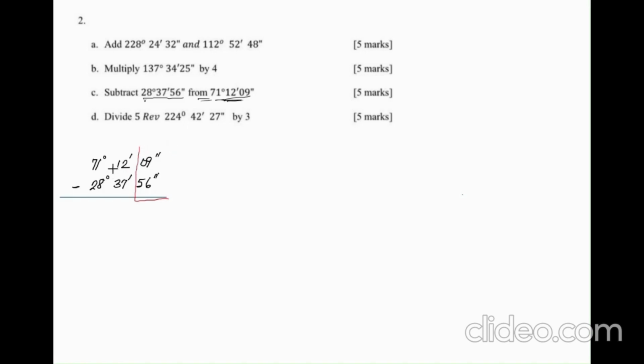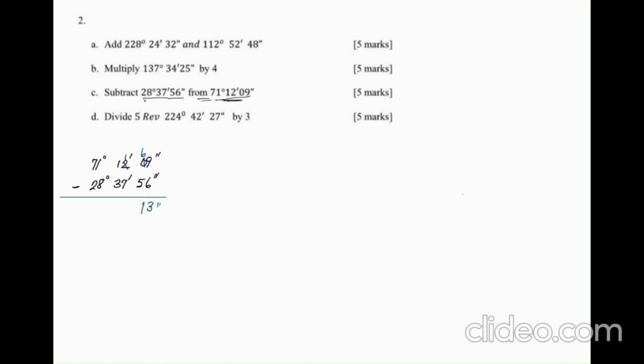All right, so let's do it. So what I'm going to do here is borrow 1 from this 12. So I'm going to put 11 here. And then this now becomes 69. So now 6 from 9 is 3. 5 from 6 is 1. So I have 13 seconds.